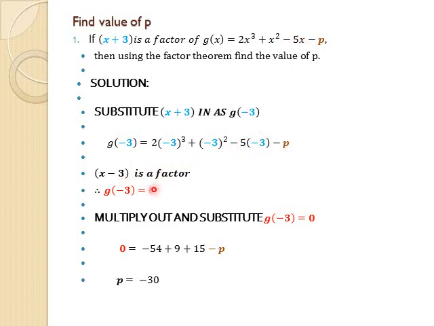But it's a factor, so g of minus 3 equals 0. So 0 equals minus 27 plus 9 plus 15 minus p. That gives me minus 3 minus p equals 0, so p equals minus 3 if we simplify further. So that's just using the factor theorem to solve for an unknown. It's not generally tested, but it's something you need to know.